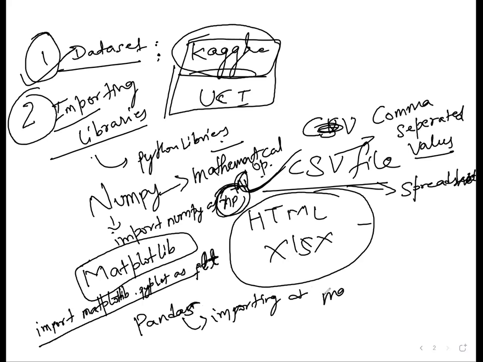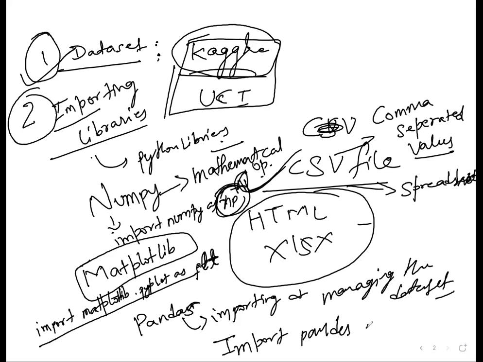How can we import the Pandas library? We can import it as: import pandas as pd. This is very standard. Here also pd is an alias. We can use another term too, but in general we use pd here.